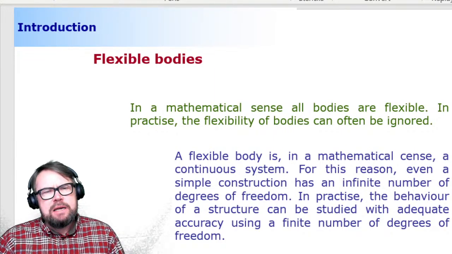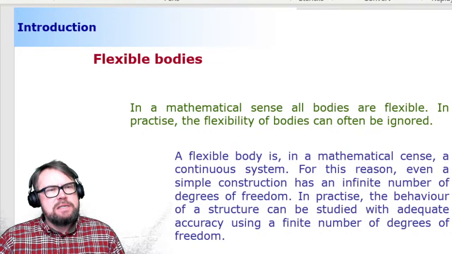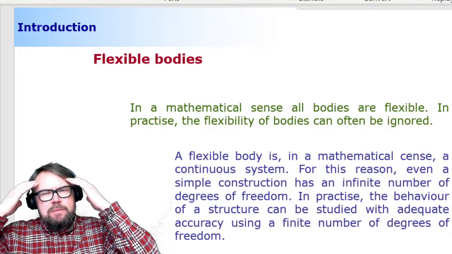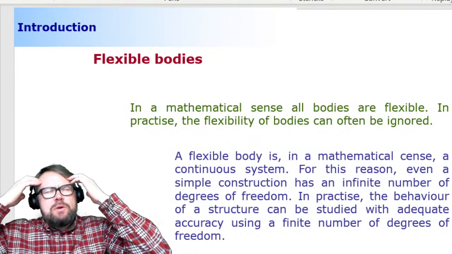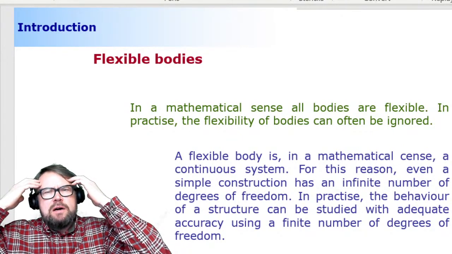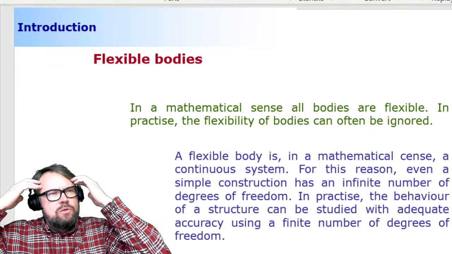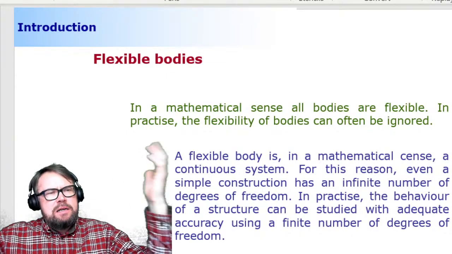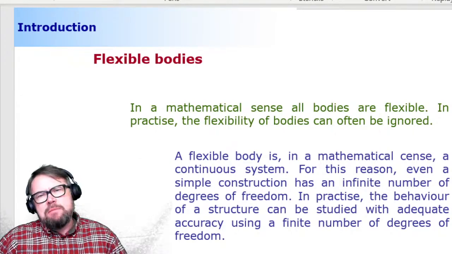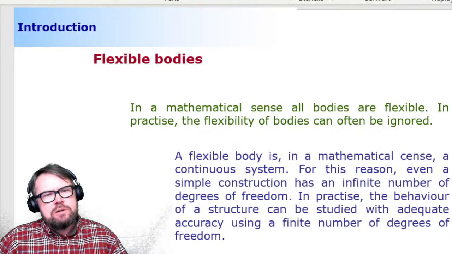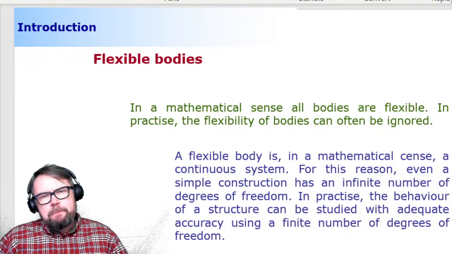It's all about your engineering sense. You think about whether it's important to take deformation into account, and it's just your call. There's no rule or equation that can tell you whether to model your body as rigid or flexible.